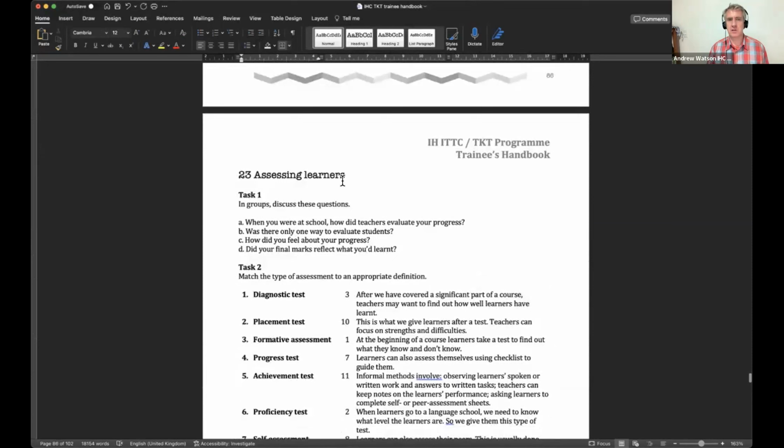This is on page, according to me, it's page 90. It's the same unit 23, assessing learners.